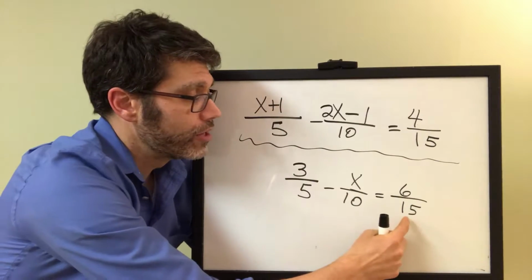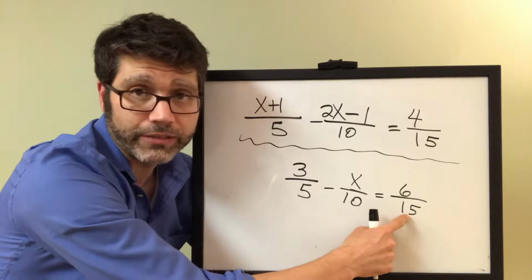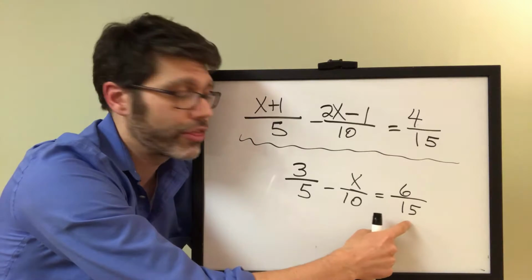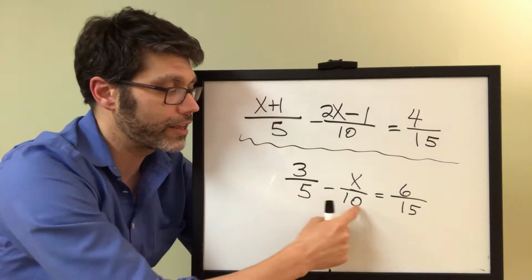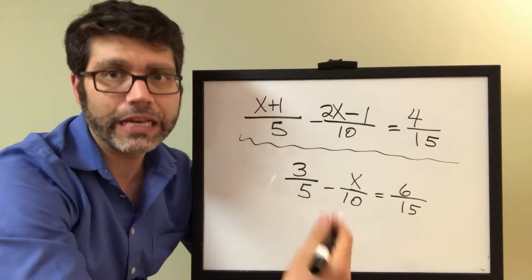So 5 goes into 15, but 10 doesn't. Let's try 30. Let's increase this by a factor of 2. Does 5 go into 30? Yes. Does 10 go into 30? Yes. And clearly 15 goes into 30 because I doubled 15 to get 30 in the first place.